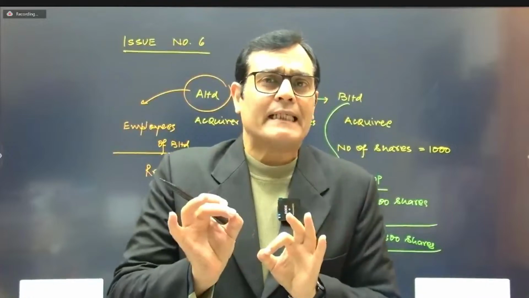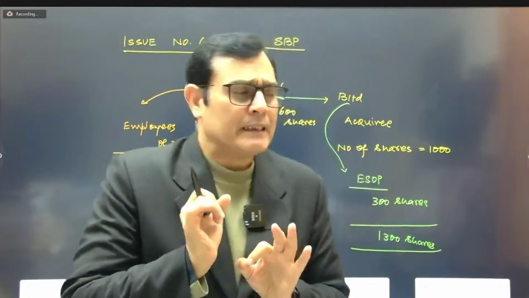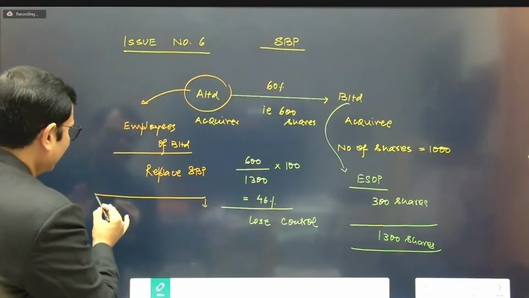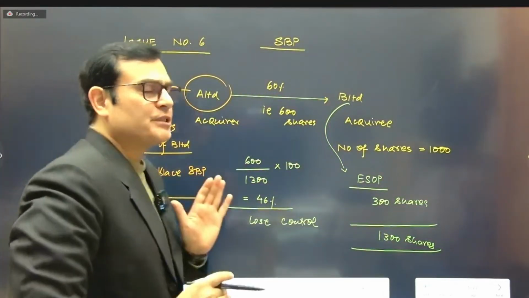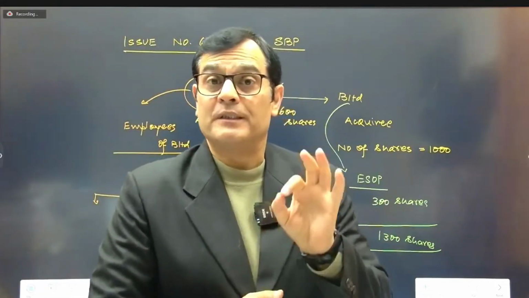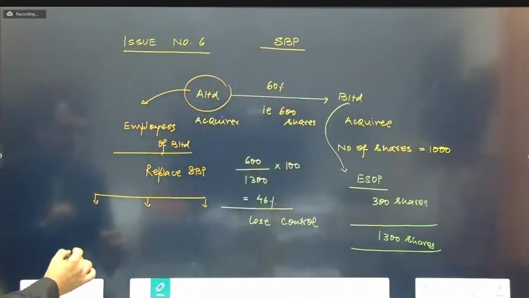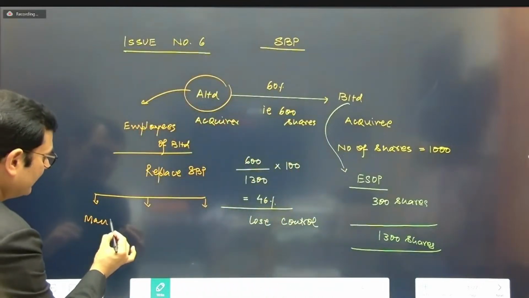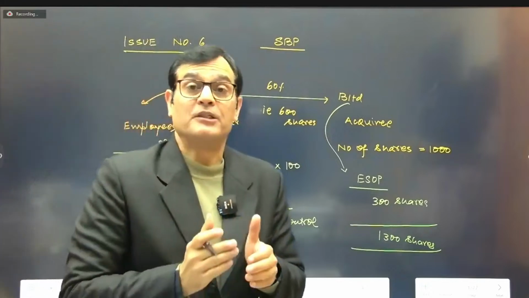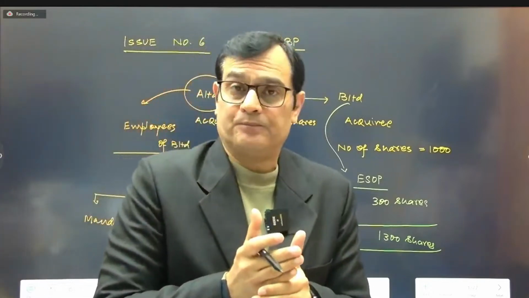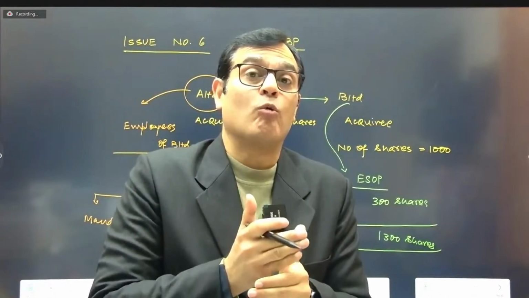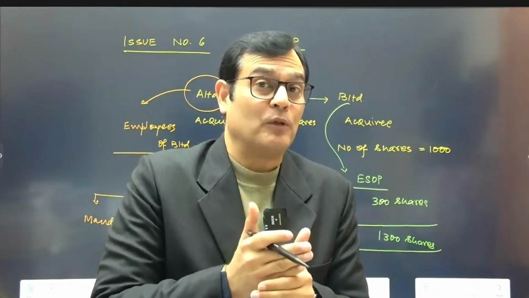Now, once A replaces these awards, the situations can be divided into a total of three categories. Number one, it could be a case of mandatory replacement, that is, as per the deal, A is required on a mandatory basis to replace the awards of B employees.